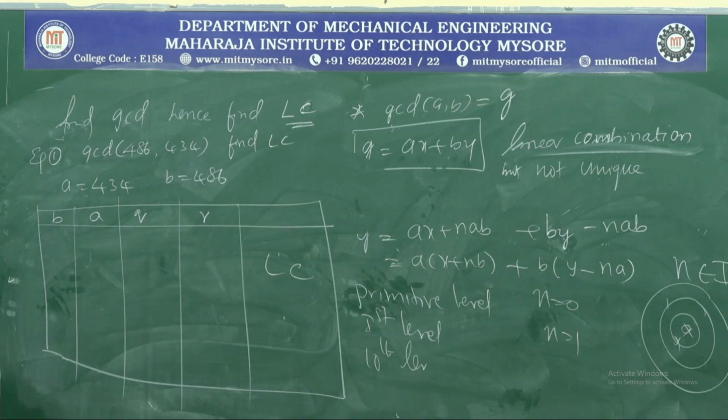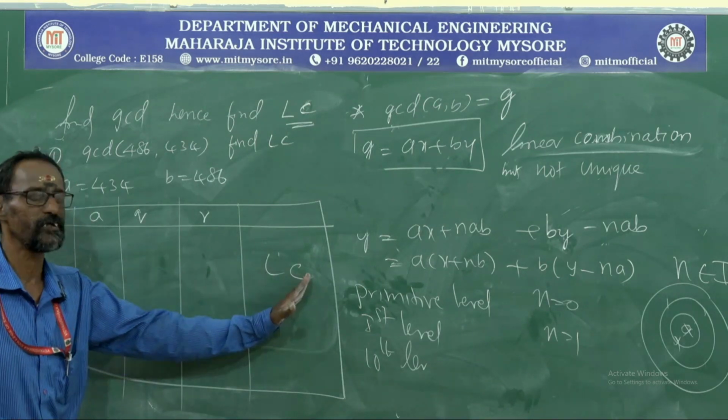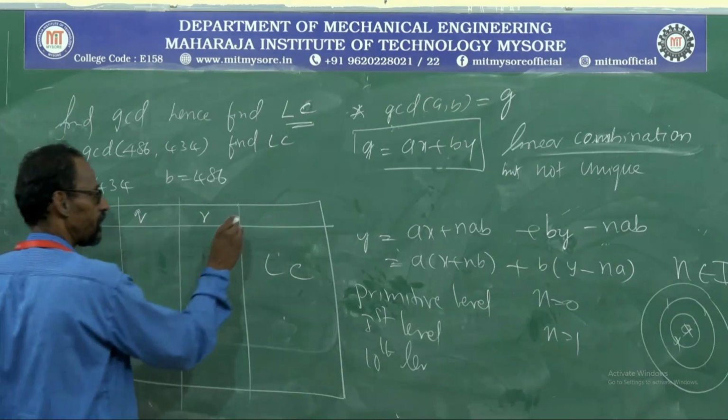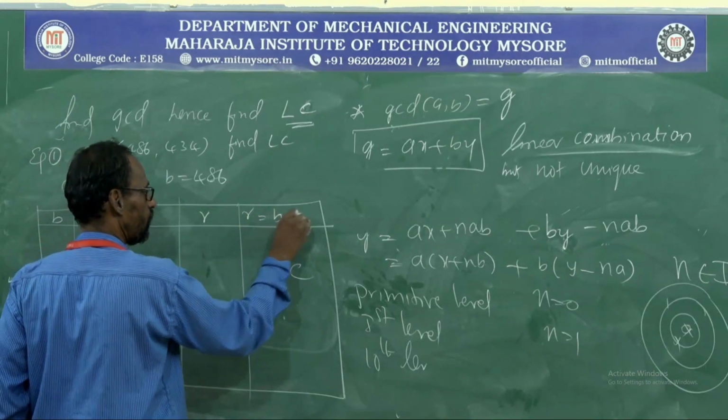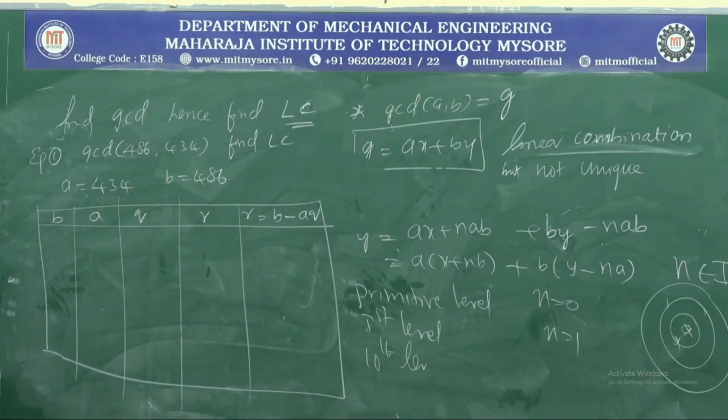Now, if the linear combination is not required, you can stop here. If the linear combination is required, you can go with one extra component. Here we can write R equal to B minus A into Q. Simple. The tabular representation is very easy. Now we have 486, we have 434.